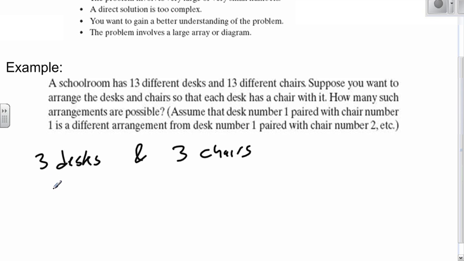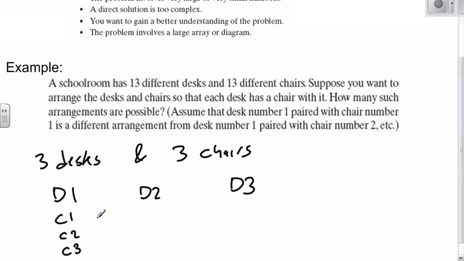So we have desk 1, desk 2, and desk 3. Desk 1 could get any of the 3 chairs, chair 1, chair 2, or chair 3.